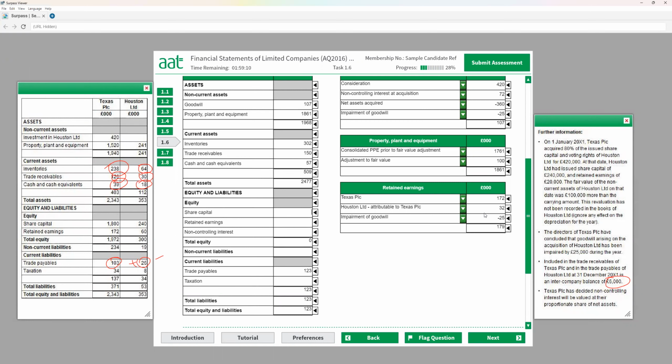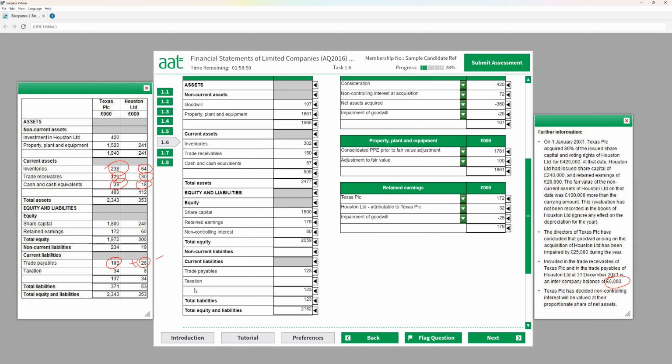So the share capital we have 1800 for the parent only, and retained earnings we have 179, and NCI we have calculated, remember 80. If you remember the first workings we done for the NCI, that was 80.